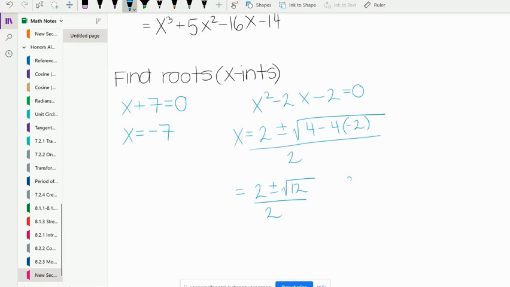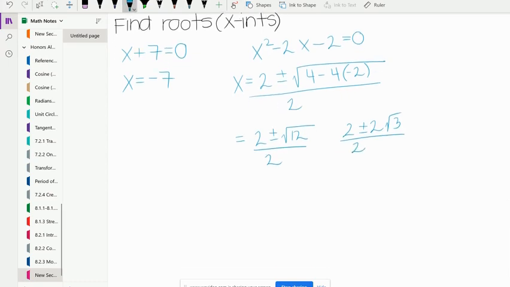Then we can simplify that root 12 to become 2 root 3, and then we can simplify all those 2's to become 1 plus or minus root 3. So what this allows you to do is if you have one factor, you can then find all of the other factors. All right, that is a long, lengthy section, but we are finished.